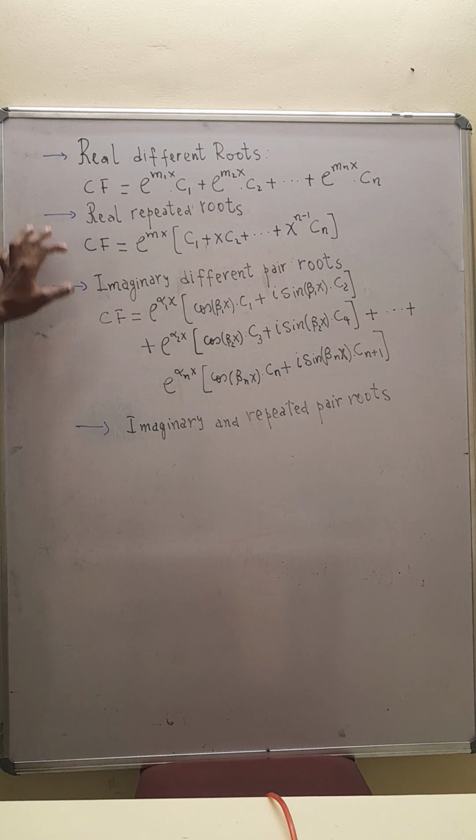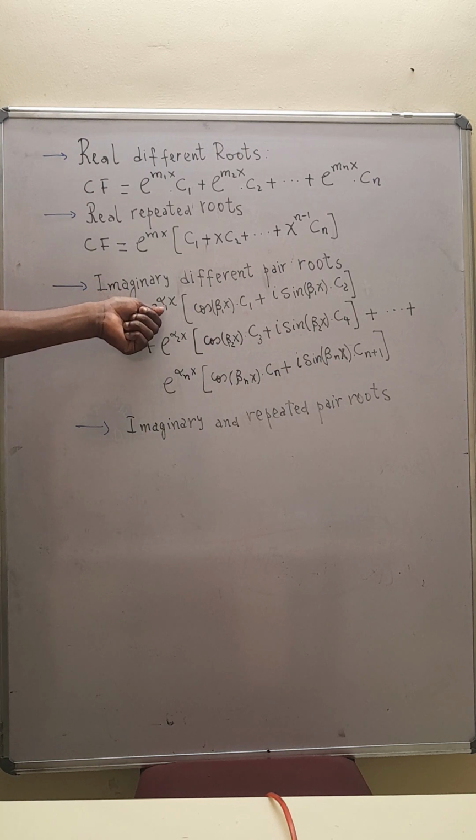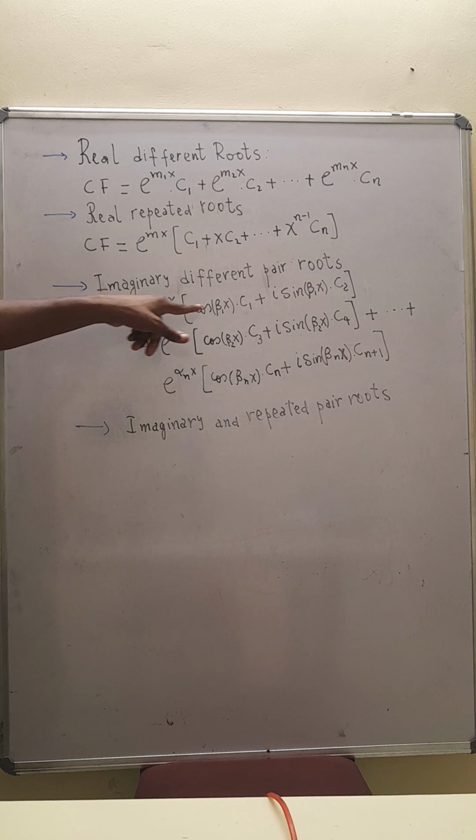Compare this one and this one. Look here, we have alpha. Alpha is the real part of the imaginary solution that we have, and beta is the imaginary part.